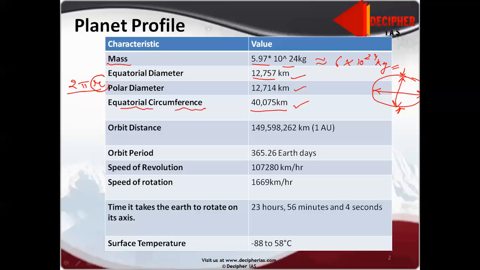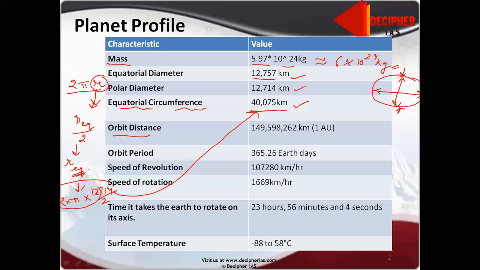So we will use the radius of the equatorial diameter, that is d equatorial by 2 comes the radius, equatorial radius, and then 2 into 3.14, 2 into pi into 12714 by 2. This will come out to be equal to 40,075 kilometer. And then also orbit distance.